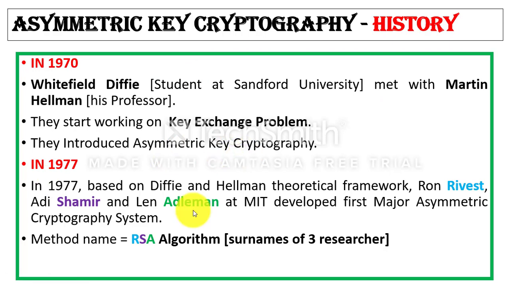After that in 1977, based on Diffie and Hellman theoretical framework, three researchers, Ron Rivest, Shamir and Len Adleman at MIT, developed the first major asymmetric cryptography system, that is named as RSA algorithm. RSA is the surnames of three researchers, R for Rivest, S for Shamir and A for Adleman.